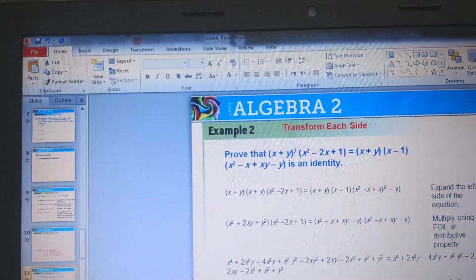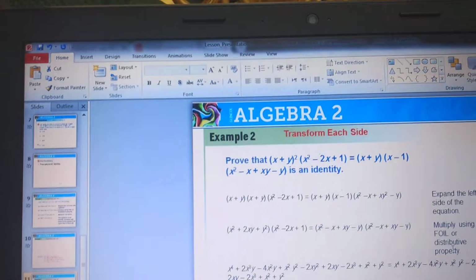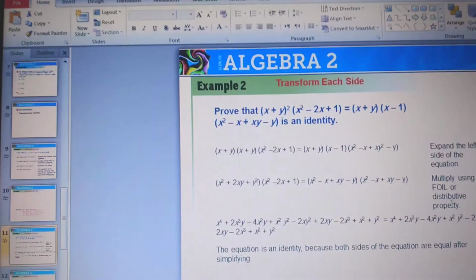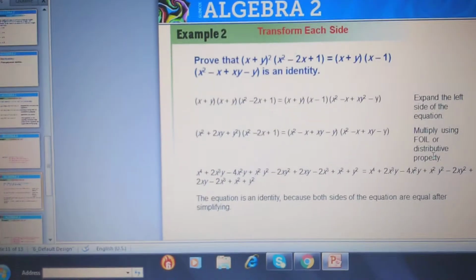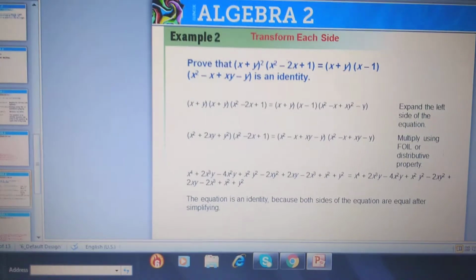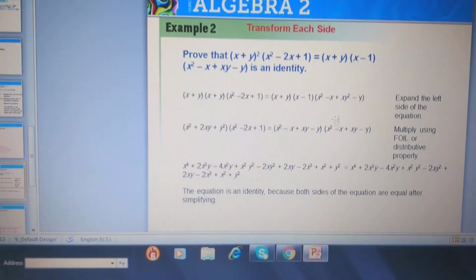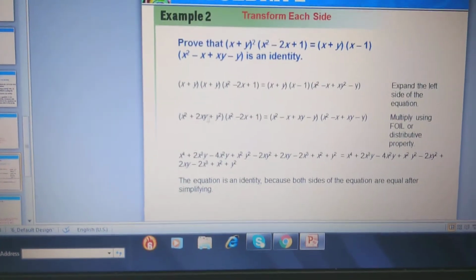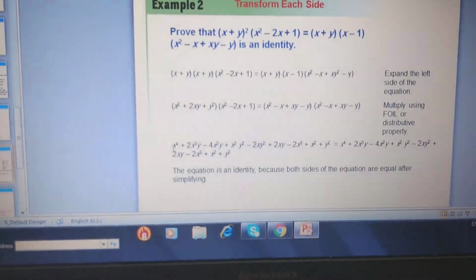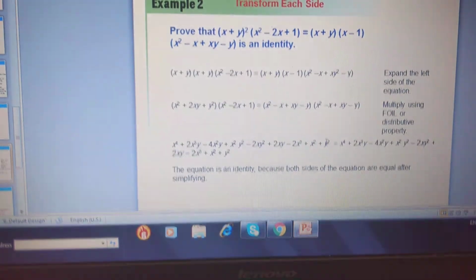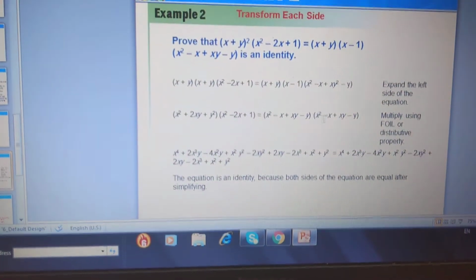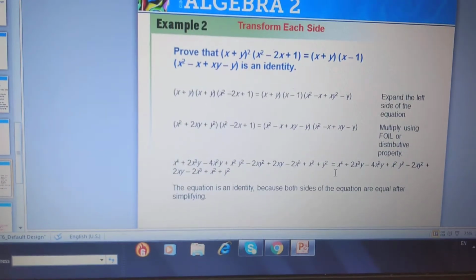I will multiply the brackets by each other on the left side and on the right side. After I multiply them, you see here, he multiplied the first side, all of it. This is the answer of the first side. Then he multiplied the second side, also the answer here.